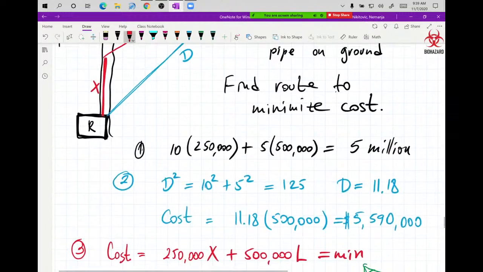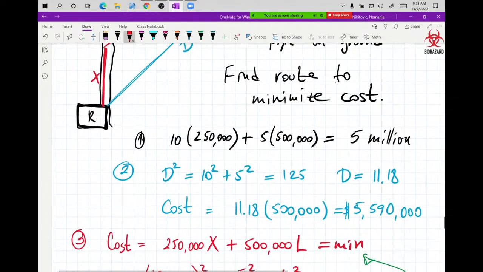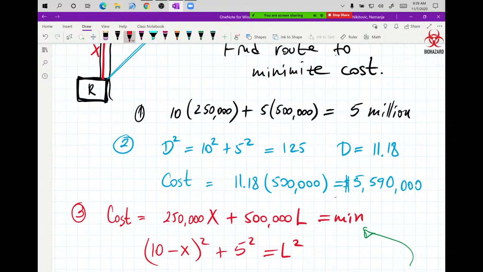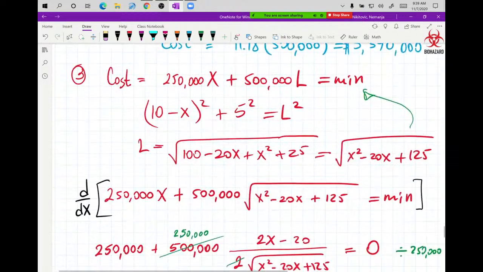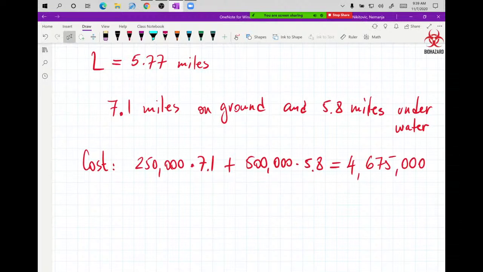Remember that the black one was 5 million flat. So the black one gave us 5 million. The blue one we already x'd out because it was more than the black one. And now with the red calculation here, we are saving 325,000.